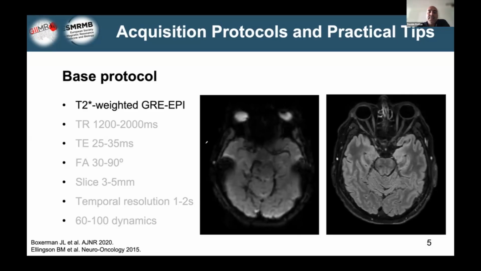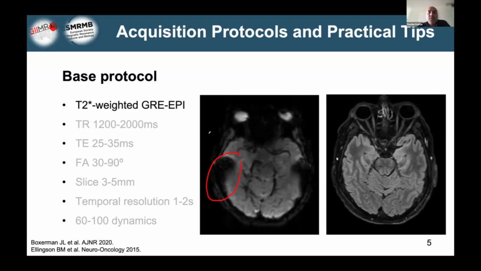EPI is highly sensitive to magnetic field inhomogeneities, leading to geometric distortion and signal dropout, particularly in areas like the skull base, temporal bones, or frontal zone. In addition, signal heterogeneity and spatial warping can affect the reliability of perfusion measurements if not recognized.